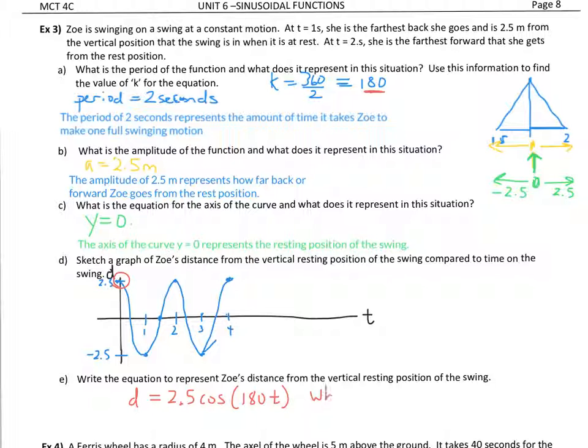So I'm going to say where d is the distance left or right of the resting position in meters, or forwards or backwards, whichever way you're looking at it. I kind of looked at left and right based on the side view that I drew up in the picture. And t is the time in seconds.